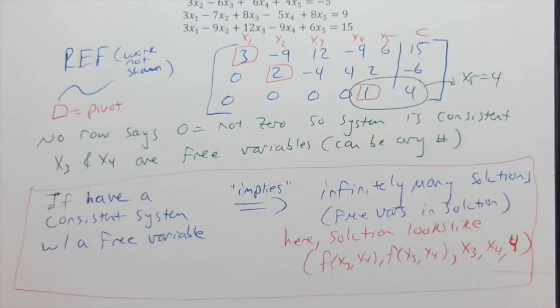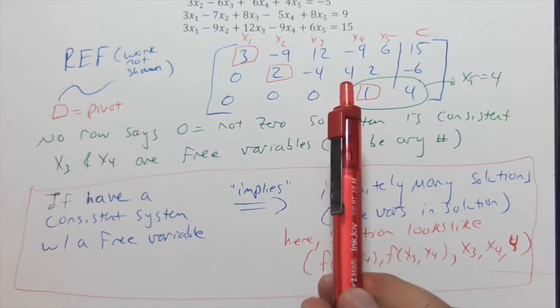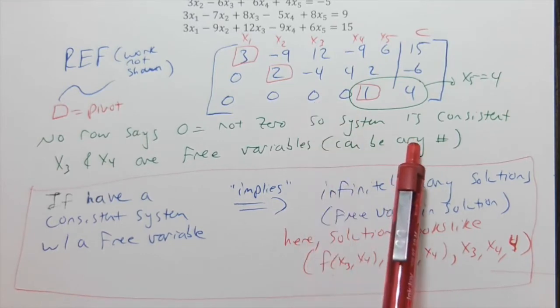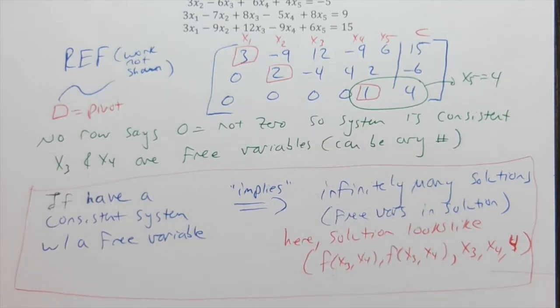There are lots of different ways to get free variables, but what I'm trying to point out is if you have more columns than rows, you're automatically going to get free variables, like in this case, if you have a consistent system, of course. So free variable, infinitely many solutions. We are guaranteed to have a free variable if we have more columns than rows.